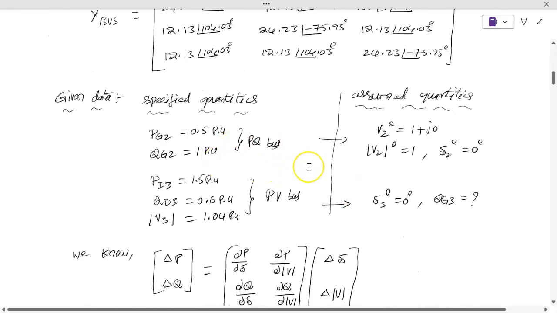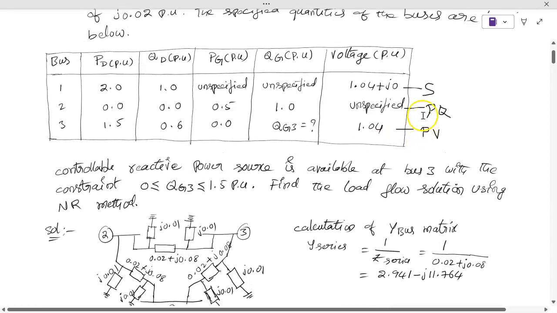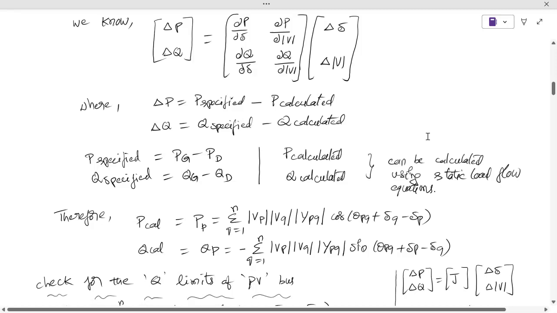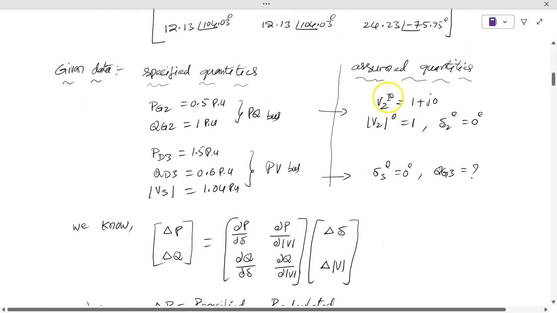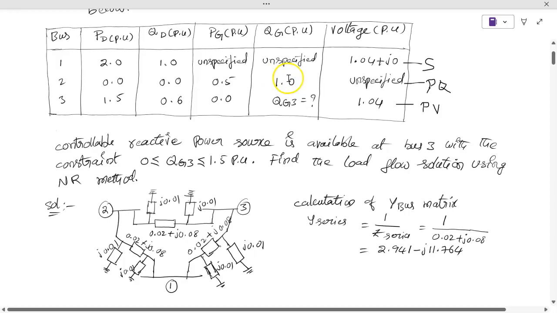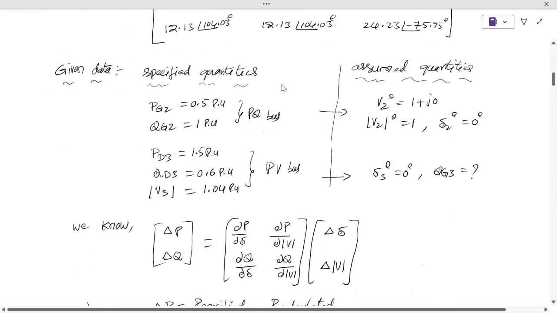The first bus is the slack bus, the second bus is a PQ bus, and the third bus is a PV bus. For the second bus, P and Q are specified values, 0.5 and 1.